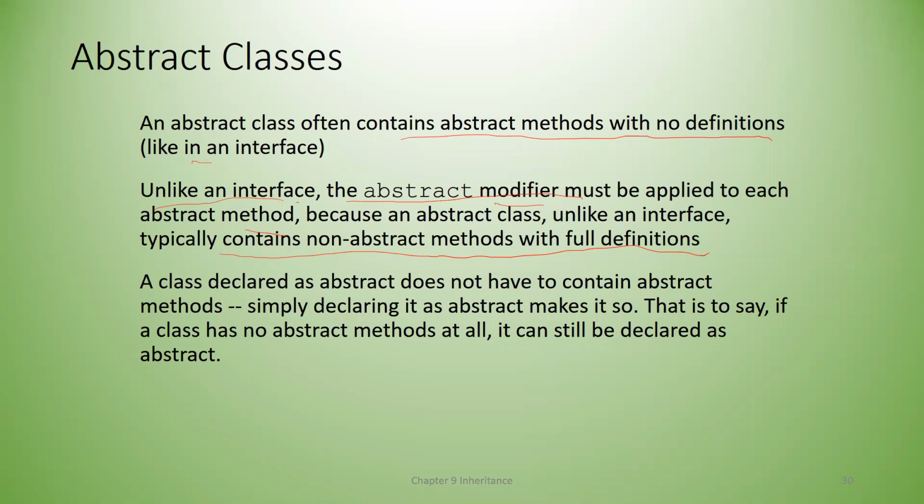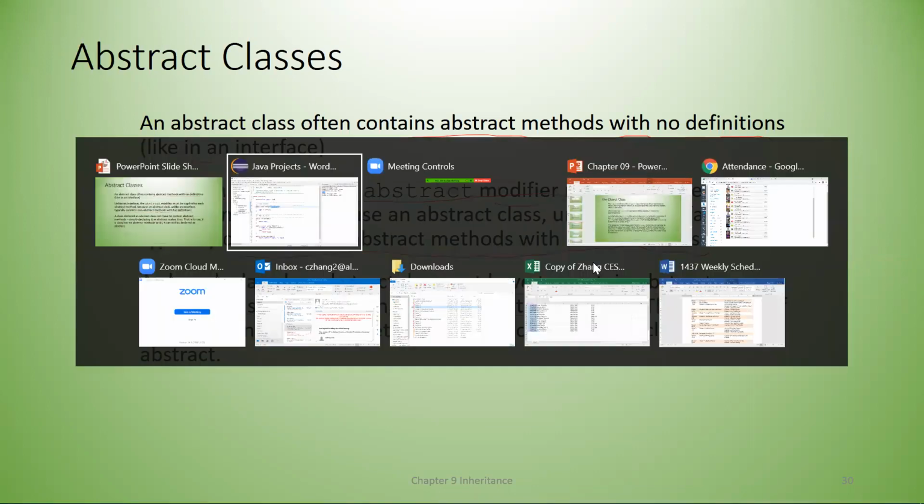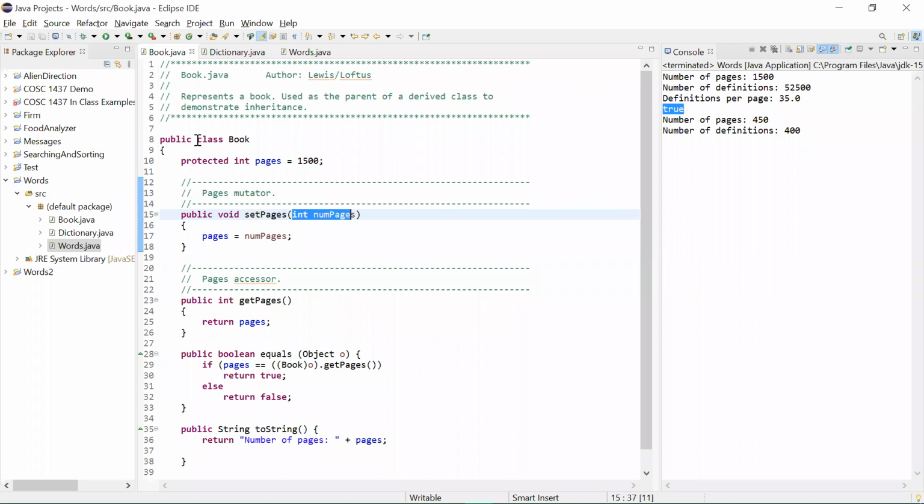A class declared as abstract does not have to contain abstract methods. Simply declaring it as abstract makes it so. This is simply saying a class can have abstract methods, but it doesn't have to. Even a class with no abstract methods can be an abstract class. For example, here, if you do this, it's fine.